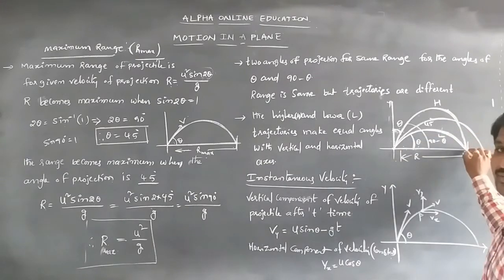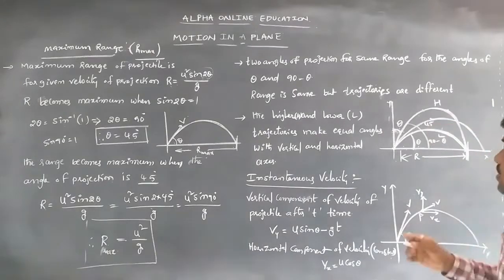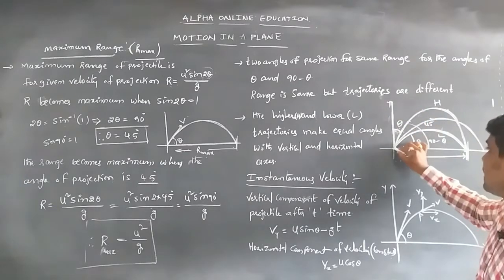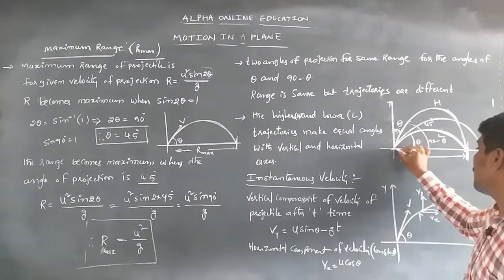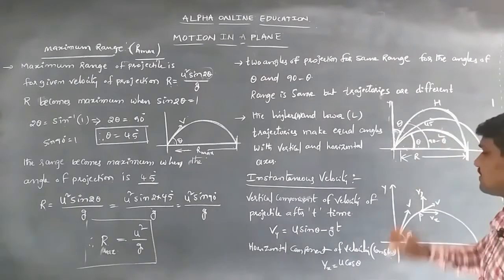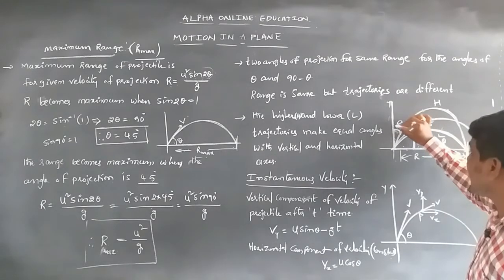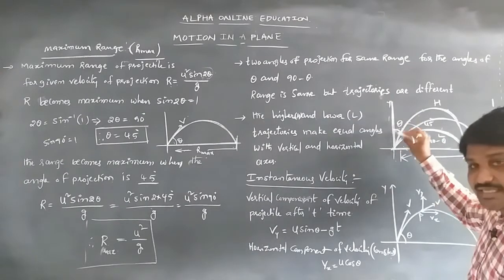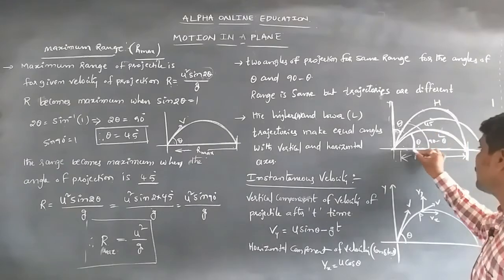The higher trajectory is making an angle theta with the vertical, the same angle made by the lower trajectory with the horizontal.